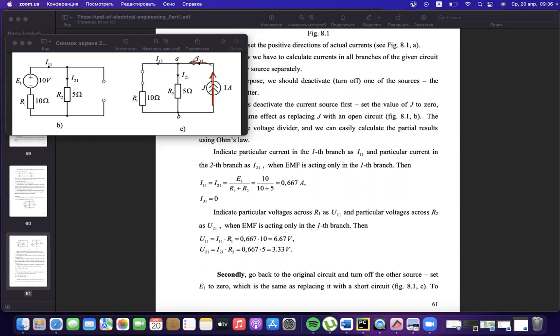And because this current had the direction upward, then it will divide into 2 different branches, just like here. That is how we know direction. Generally, we could choose direction as we want, but physically, if we look at the circle, we know that if the current source makes some current in the direction, it will just divide into 2 other branches. Okay, thank you. Welcome.